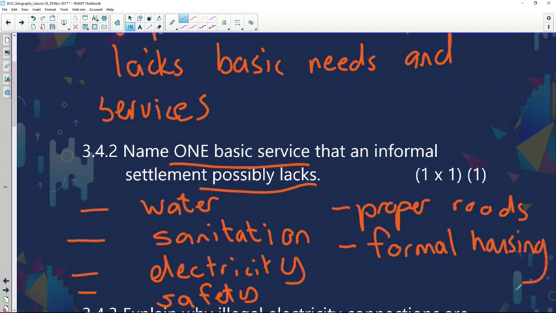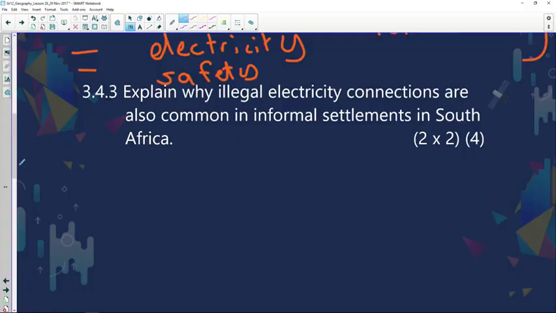Okay, now this is just a case study about an informal settlement in India, but unfortunately South Africa also does have many informal settlements, and they go by the names of shacks. Okay, if you look at our next question, 3.4.3, explain why illegal electricity connections are also common in informal settlements in South Africa.